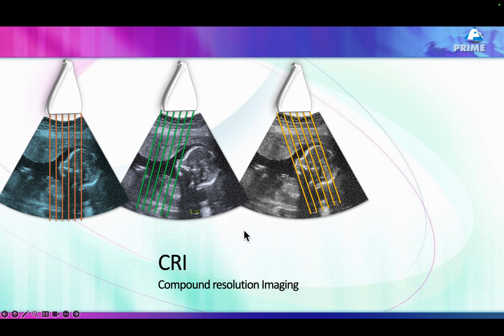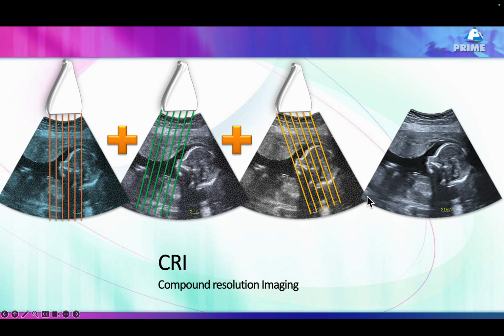So if you add up or do a subtraction, speckles are different in different frames, in the different scan lines, but tissue is the same. So tissue is highlighted and speckle is nullified. That is how you see a very smooth, nice image, but this obviously comes at the cost of reducing frame rate because you are scanning more than what you would have scanned otherwise.